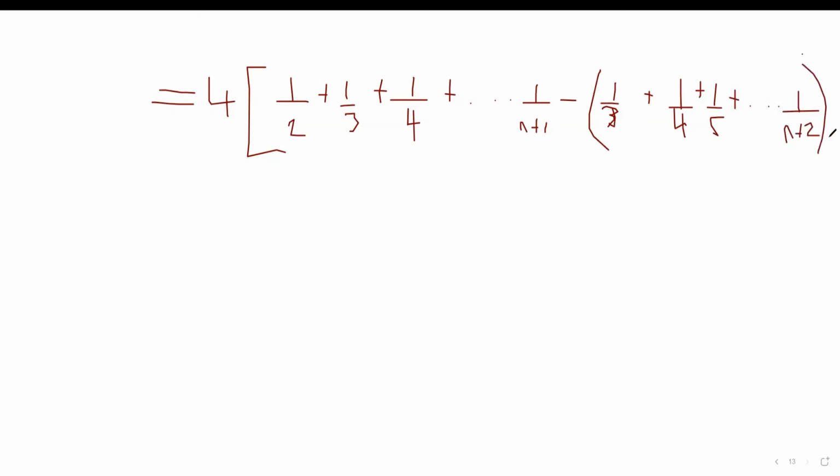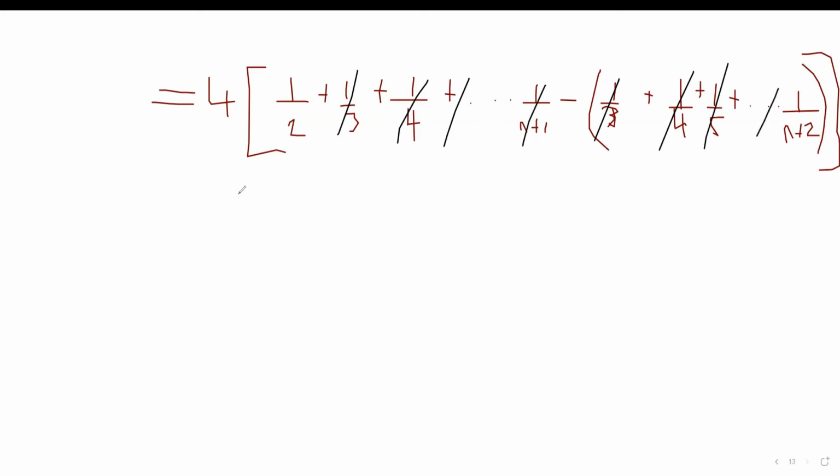So now when we do the subtraction, the 1 over 3 here cancels with the 1 over 3 here. The 1 over 4 cancels, the 1 over 5 cancels, and the 1 over n plus 1 here cancels as well.